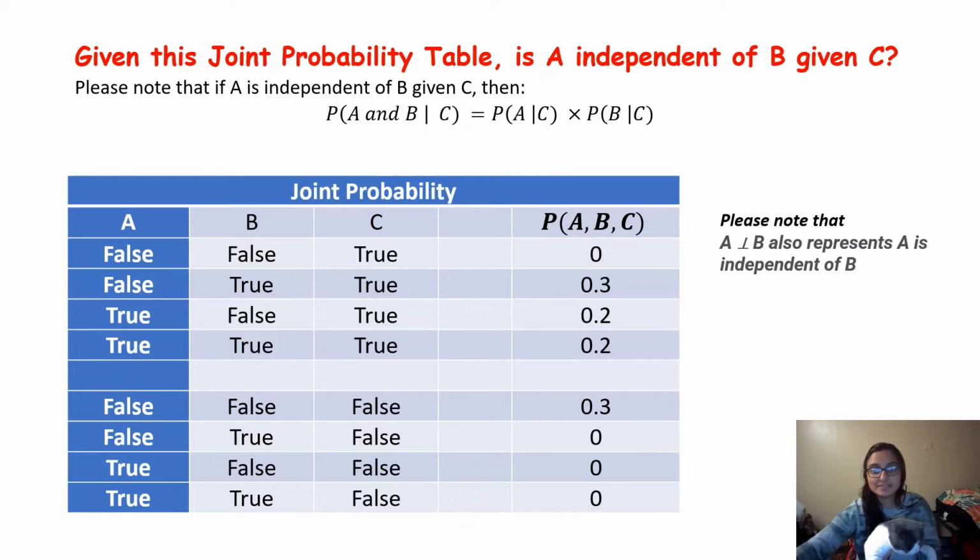So the given C part just refers to this part, given C, given C, given C, and this is the same given C. So is A independent of B given C? Typically, you can just think of this as just tacking on the given C here.